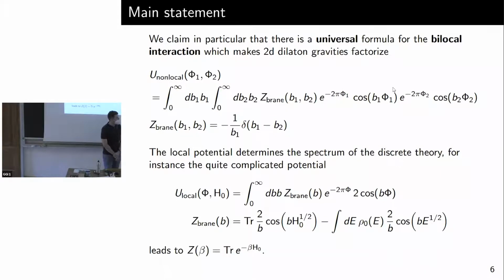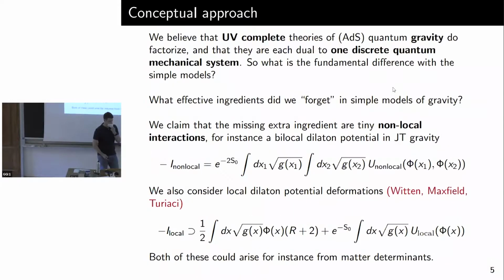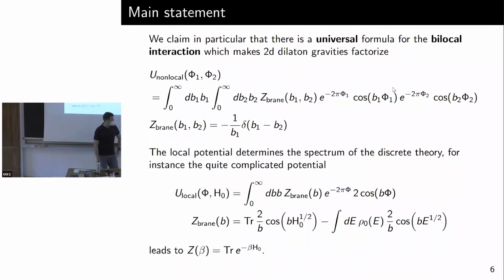So the claim that we had is that there should be a universal formula for this bilocal interaction, at least in 2D gravity theories. A bilocal interaction that you should add that makes the dilaton gravity theories factorized. And this looks a little bit daunting, perhaps, but it's decomposed into components that I'll explain.